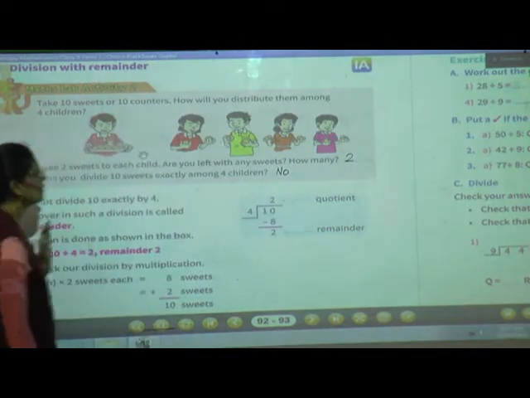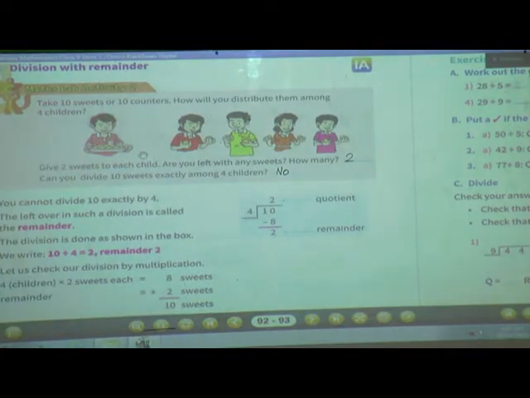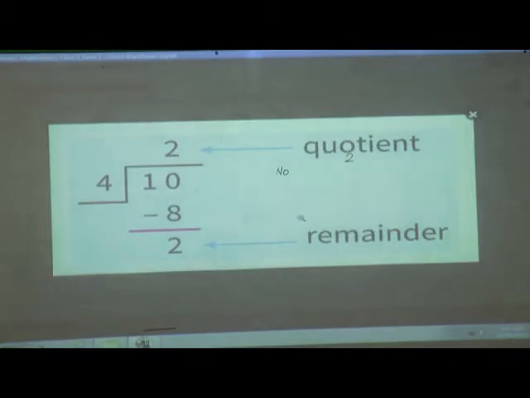So we can't divide 10 exactly among 4 children. Understood? Now see, if you cannot divide 10 exactly by 4, then the leftover in such a division is called the remainder.